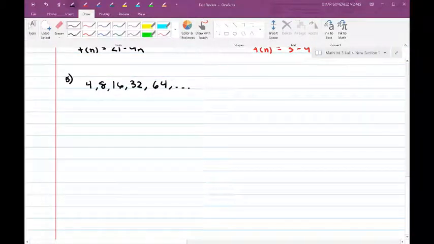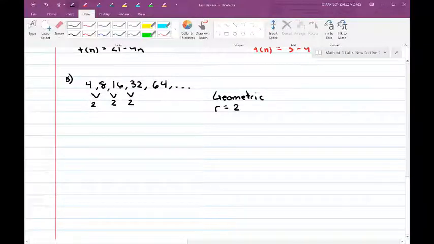How do we know it's geometric? It's multiplying by what? By 2, right? So it's multiplying by 2, which means, hey, this is going to be geometric. If you wrote down geometric, you got your point. If you said that the common ratio was 2, you got your point. Now, again, the explicit, you guys did great on that.